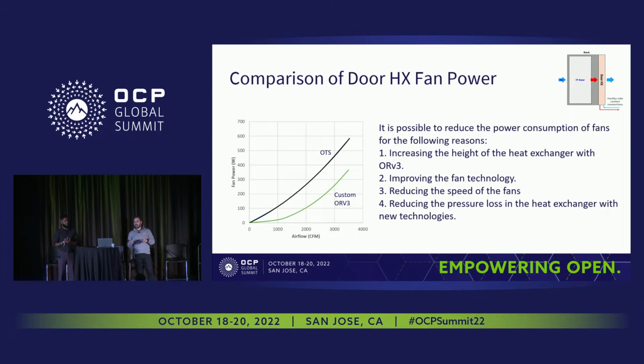But if we change the fan technology to EC fans, we can decrease the energy consumption of the fans a lot. Or if we decrease the speed of the fans, we also decrease the consumption and increase the efficiency of the system. So there are a lot of ways to decrease the power consumption of the reactor without losing anything in performance.